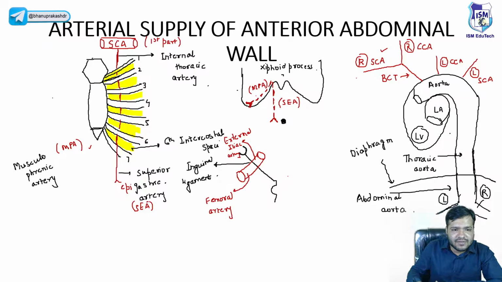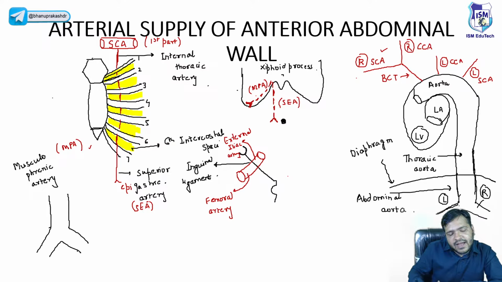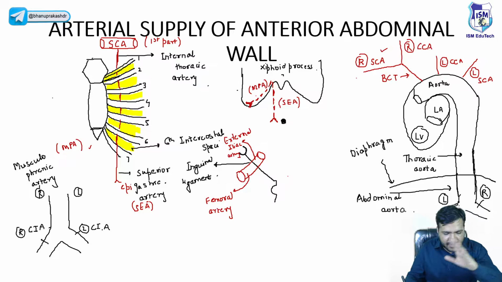Suppose this is the abdominal aorta, yes, common iliac artery, very good beta. कॉमन इलियक आर्टरी बॉडी का राइट साइड और लेफ्ट साइड, तो एक हो जाएगा राइट कॉमन इलियक आर्टरी और एक लेफ्ट कॉमन इलियक आर्टरी.